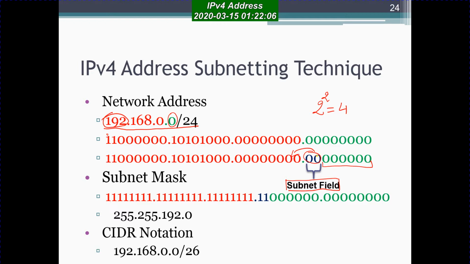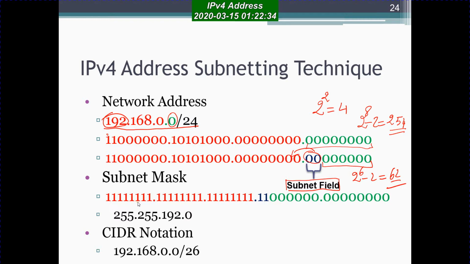But on the other side we reduce the number of hosts per subnet. Initially we had 8 bits, which gives us 2 to the power 8 minus 2, equal to 254 hosts. Now we are left with 6 bits, which means 2 to the power 6 minus 2 is equal to 62 hosts only. So this is a trade-off. We gain something, we lose something.